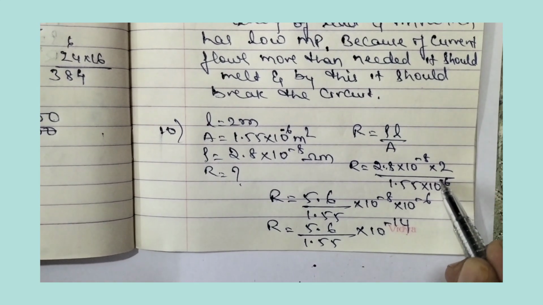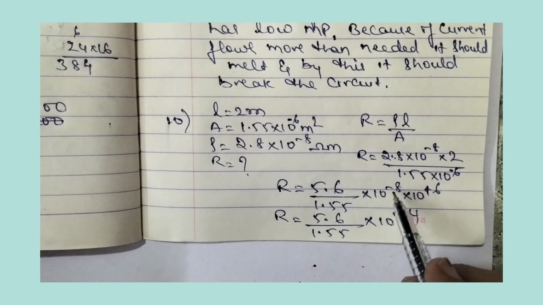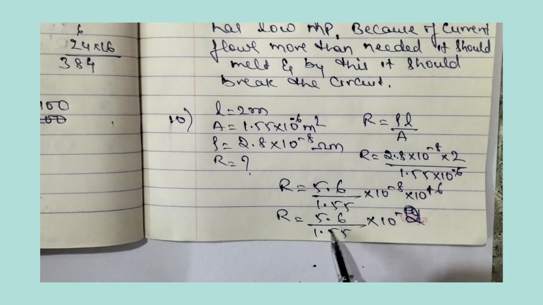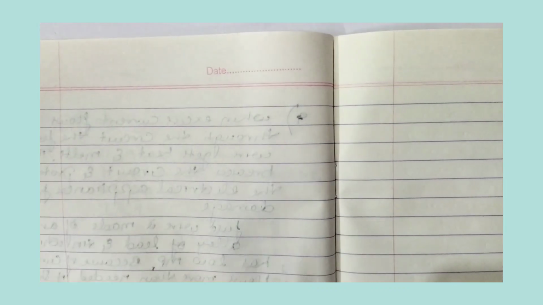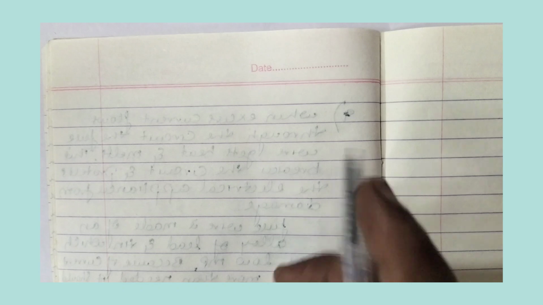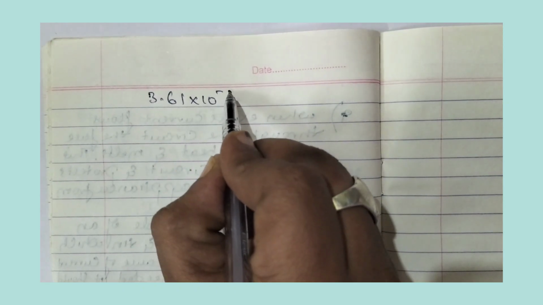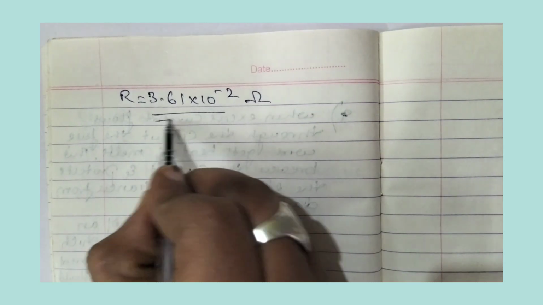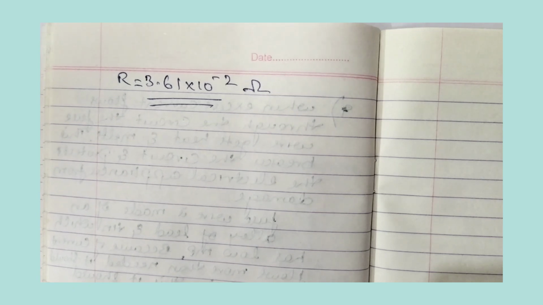So 10 to the power of minus 6, if you take it up, it will become 10 to the power of 6. So minus 8 plus 6 will become minus 2. So 5.6 divided by 1.55 into 10 to the power of minus 2. If we simplify this, if I divide 5.6 by 1.55, we will get 3.61 into 10 to the power of minus 2. R is equal to 3.61 into 10 to the power of minus 2 ohm is the resistance of the metal.